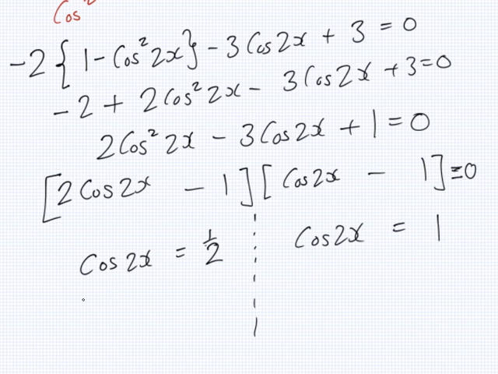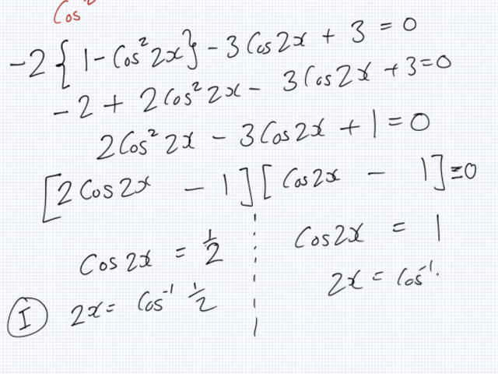So let's go through the steps first. Step 1. We have 2x equals cos inverse a half, and 2x equals cos inverse 1. So what's cos inverse a half? We're using degrees now. 60.